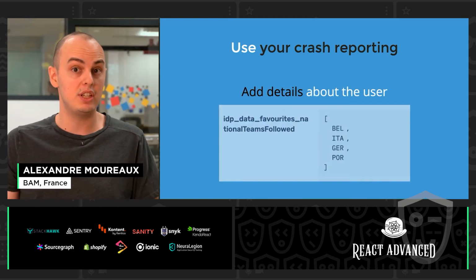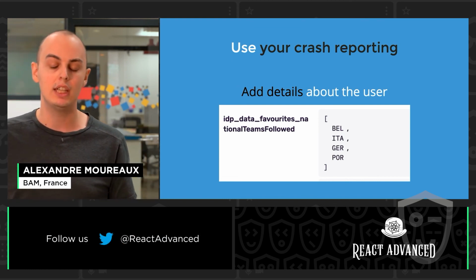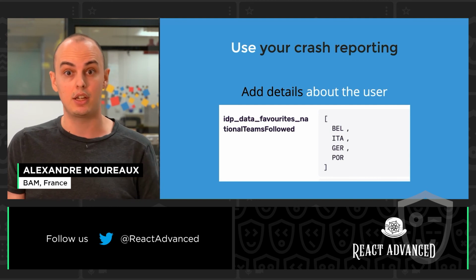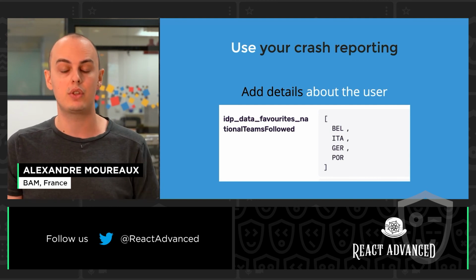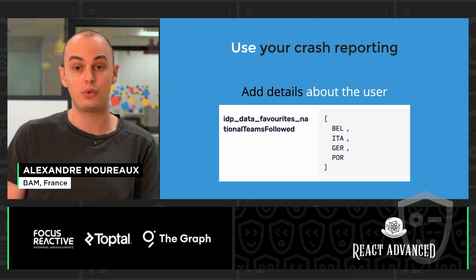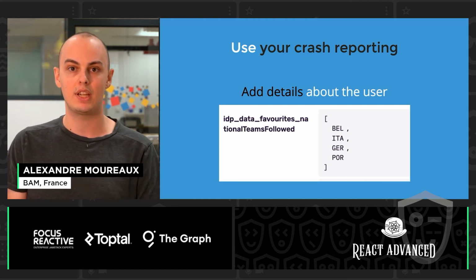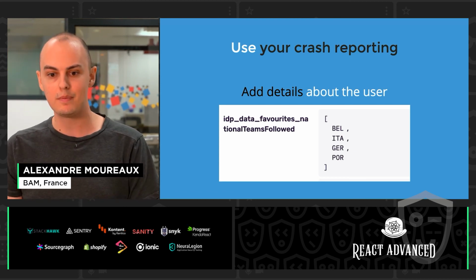You should also add as many details about the user as possible, of course, in a GDPR-friendly manner. For example, in our case, adding what teams the user was favoriting to change his experience, because sometimes you trigger bugs only in certain cases in your app.